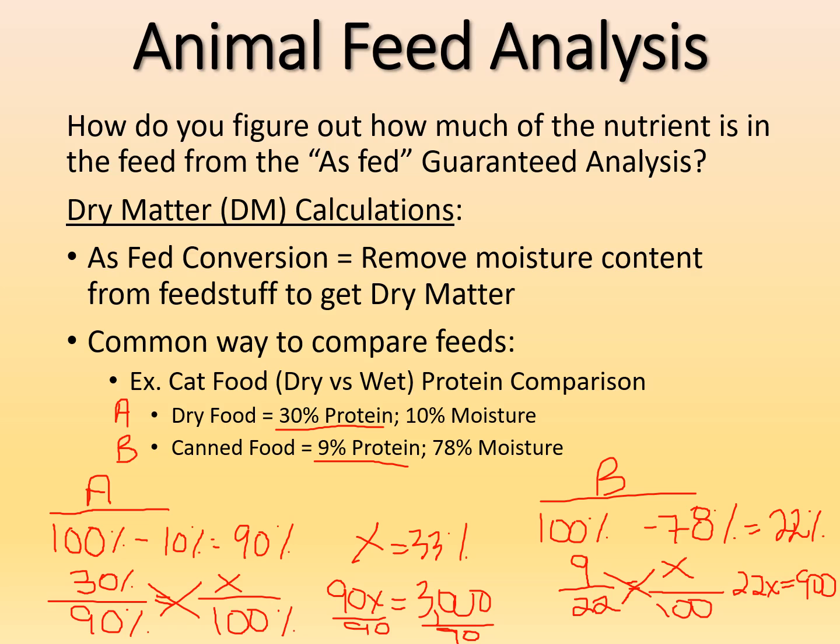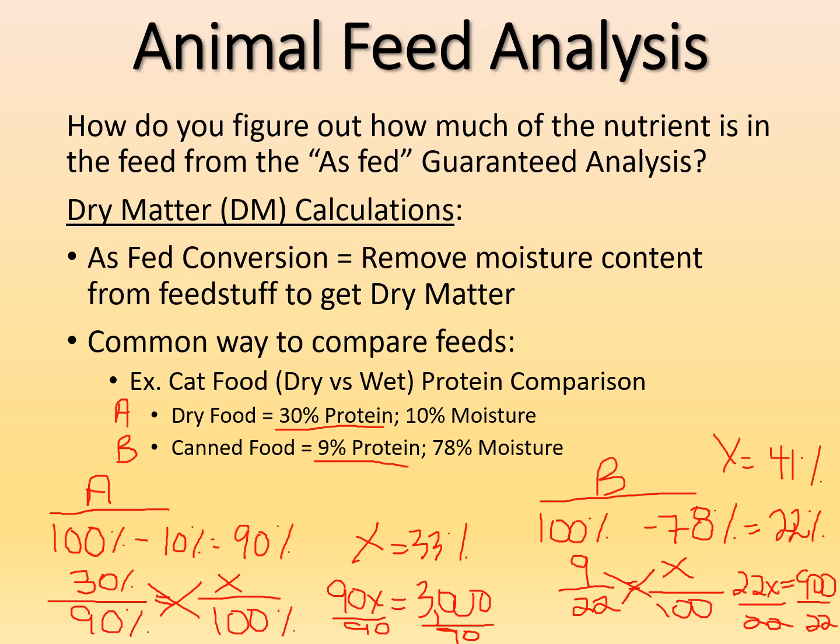So we're going to divide by 22 to solve for x. So what does x equal? That's going to be approximately 40.9, so we can say 41% if we round up.